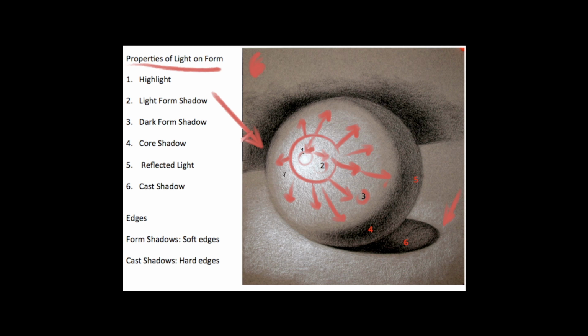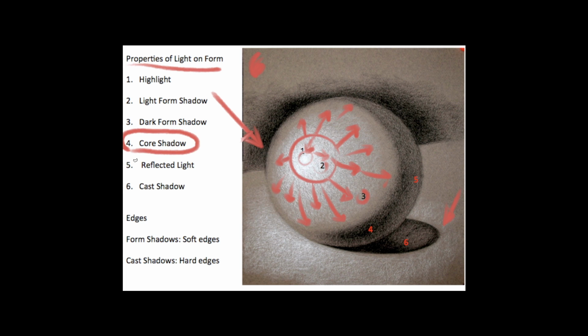So we have less illumination, and therefore the ball gets a little bit, or a lot, darker. So we have highlight, 45-degree highlight intensity, which is about the brightest area of your composition. We have number 2, light form shadow, getting a little bit darker, and then darker form shadow, number 3, getting quite a bit darker.